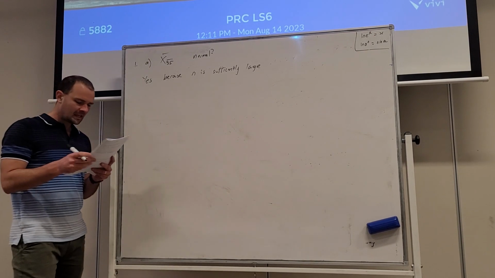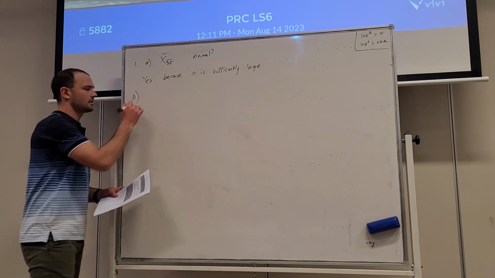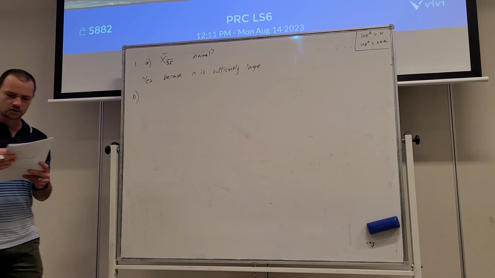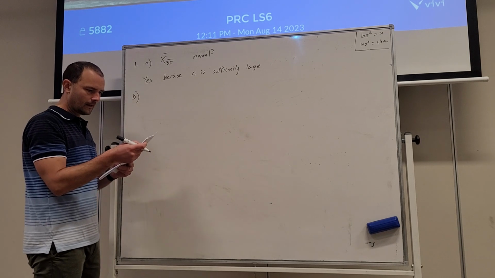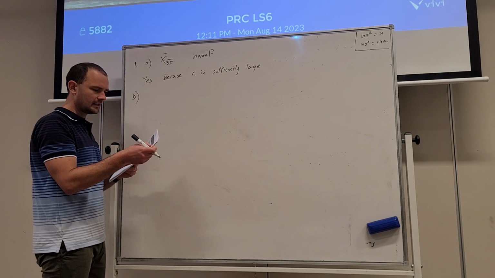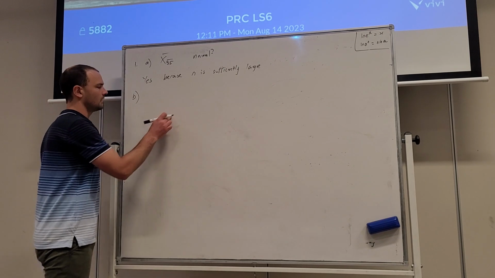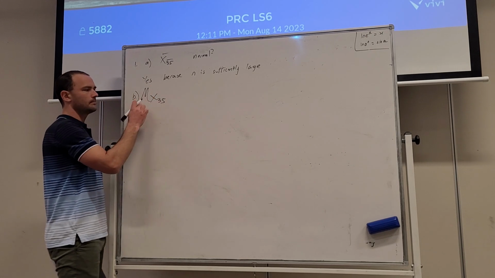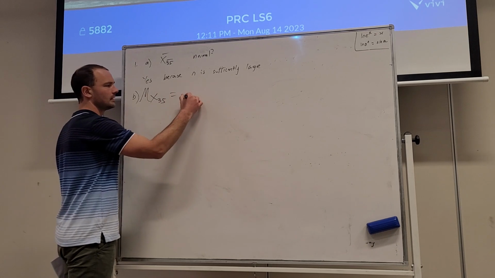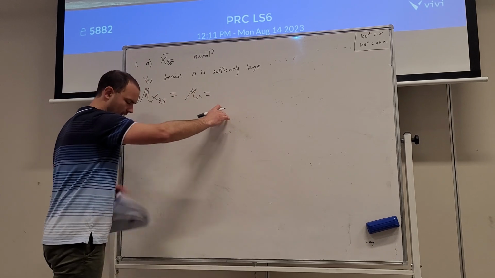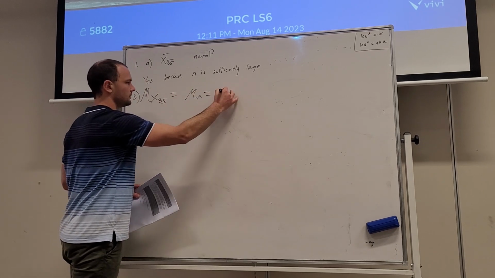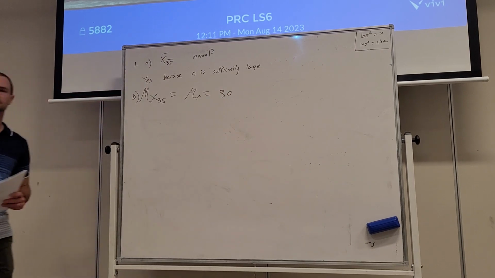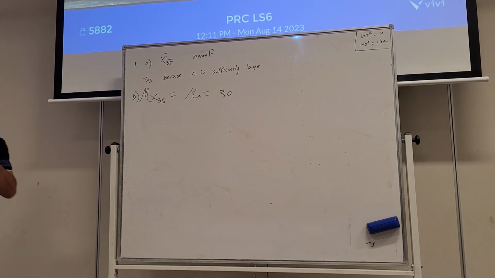Part B, find the mean and standard deviation of X̄35. So we look up in the top box. The mean of X̄n is the mean of X. So the mean of X̄35, and we'll denote it like this, is the mean of X, which in our circumstance is 30.